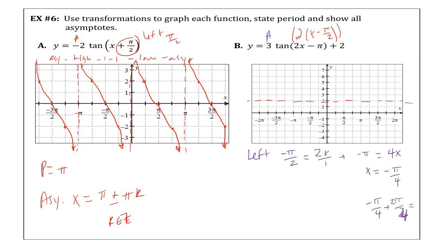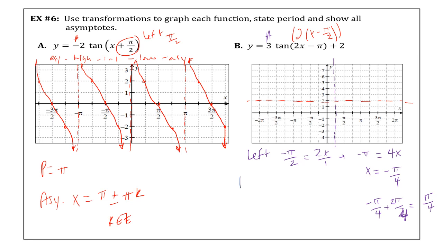So you have negative pi plus 2 pi, which gives us positive pi over 4. So now our asymptote is going to start at pi over 4. Next, we're going to need to figure out what our period is.